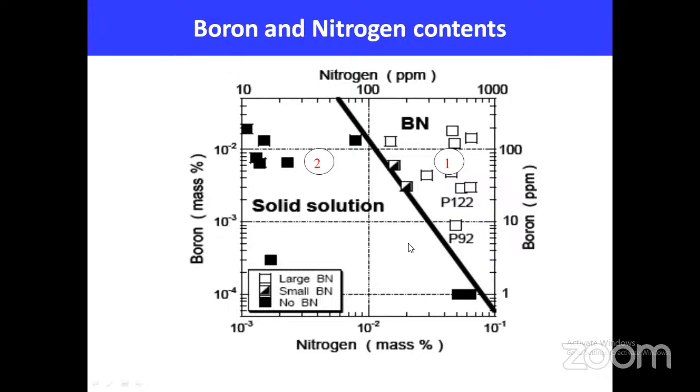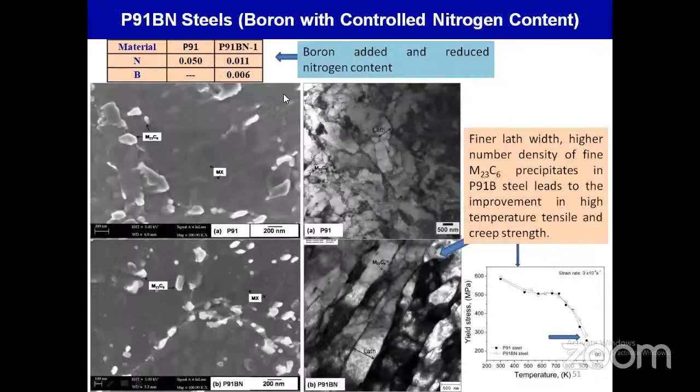We added about 50 ppm boron and controlled nitrogen to about 100 ppm. Generally, T91 steel has about 700 ppm nitrogen. We reduced it to 100 ppm and added 50 ppm boron, and found that the precipitates are very fine in the normalized and tempered condition, and the lath width is also finer, leading to higher high-temperature tensile strength with the addition of boron.